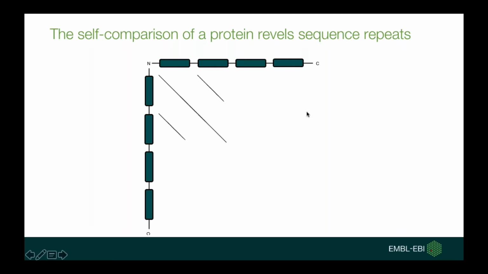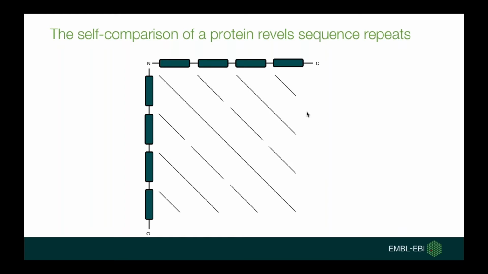But when we extend this analysis further, off main diagonal lines will appear, and those will correspond to the first amino acid in here being identical to the first amino acid in here. So they will identify regions of the sequence which are far apart, but are identical to each other.